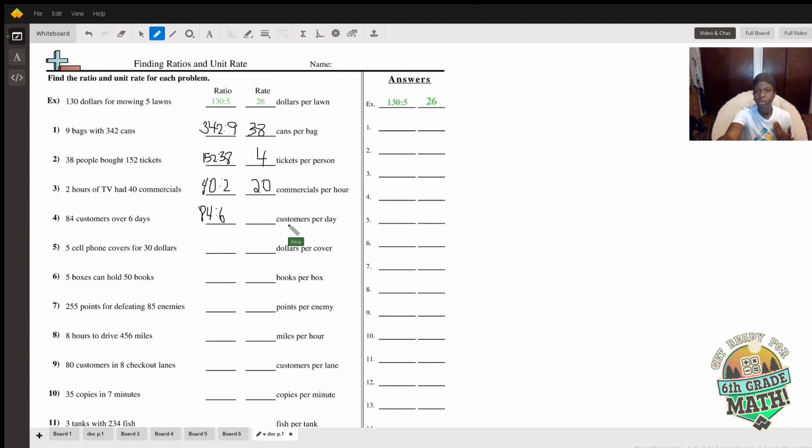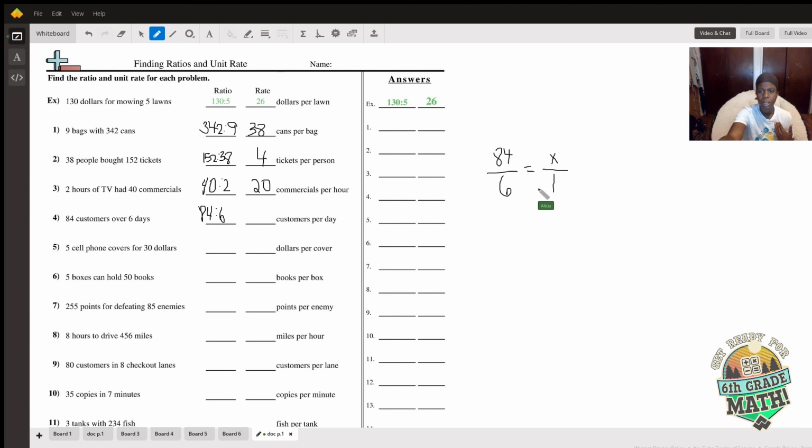So any of those three ways work as long as you put them down properly. So we have 84 to 6, and now we have to find the unit rate, which is, we set up the proportion, 84 over 6 is equal to x over 1. The x goes on top.